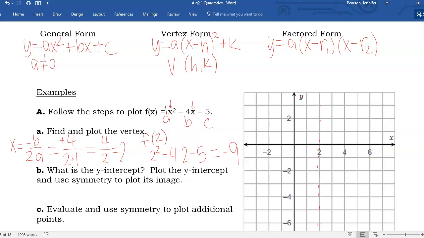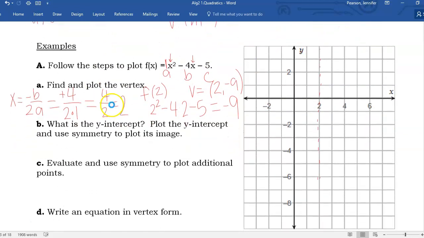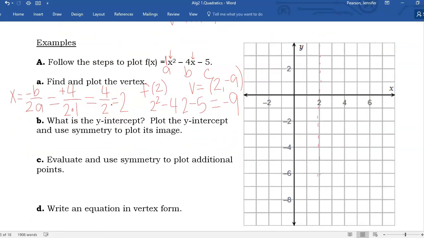So my vertex is going to be 2, -9. 2 from my axis of symmetry, -9 from evaluating at that x.